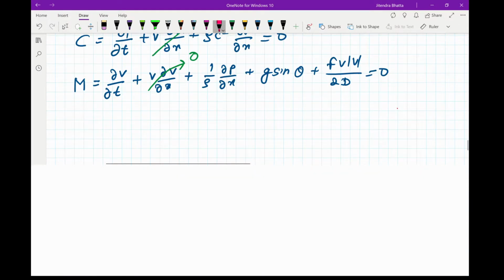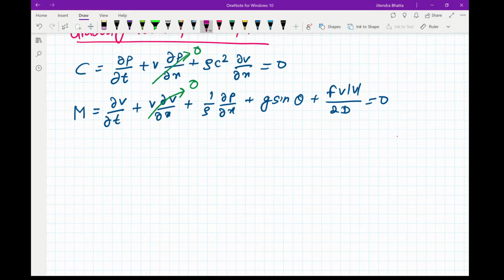Here, in these two equations, your V will be average velocity over a section.